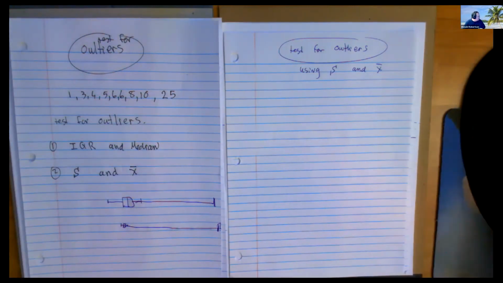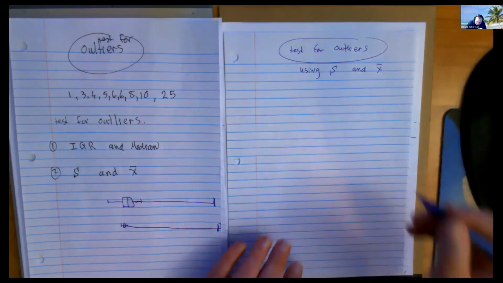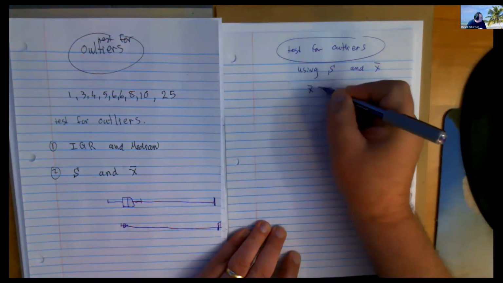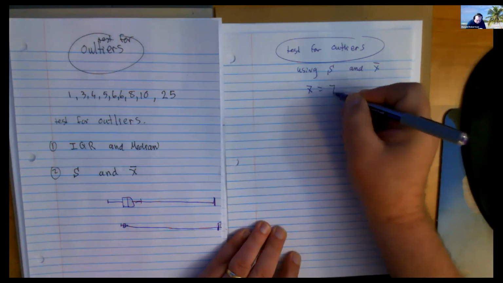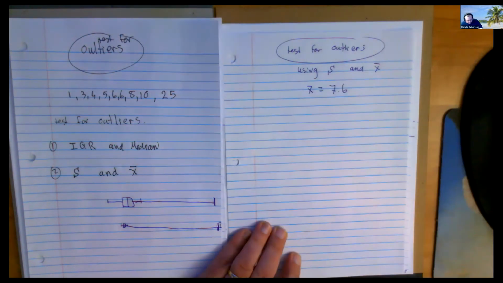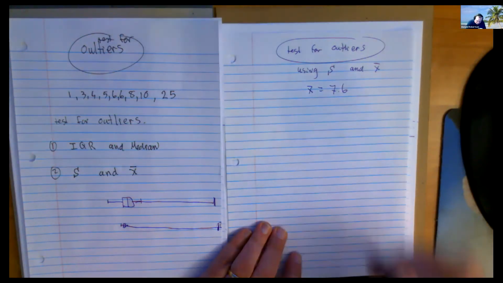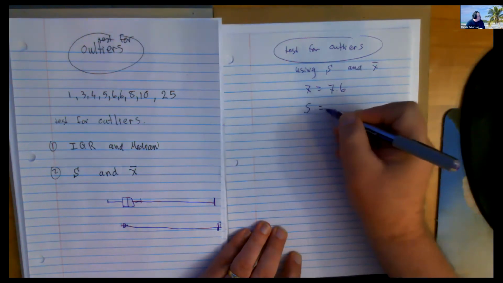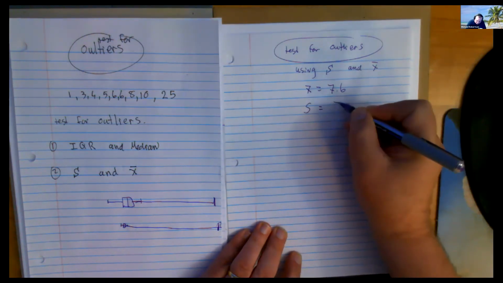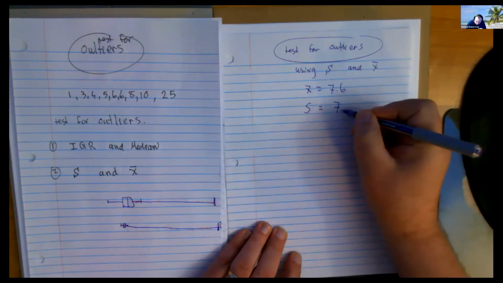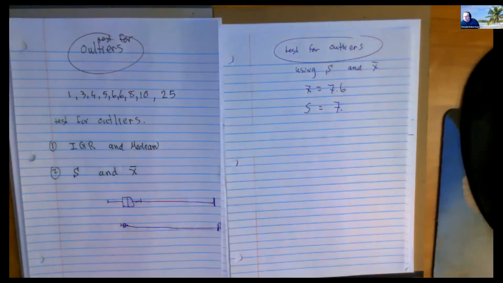And I'm going to go back and get that information that I need and tell you that the mean of this data was about 7.6, and that the standard deviation of this sample ended up being about 7.1, but I'll just call it 7, right? It's darn close to being 7.